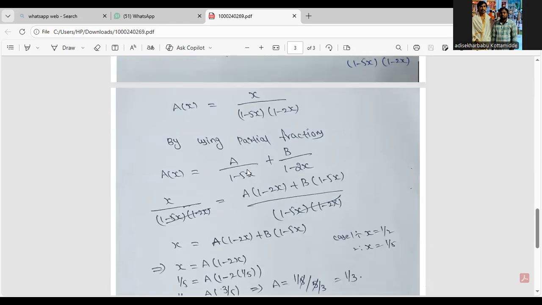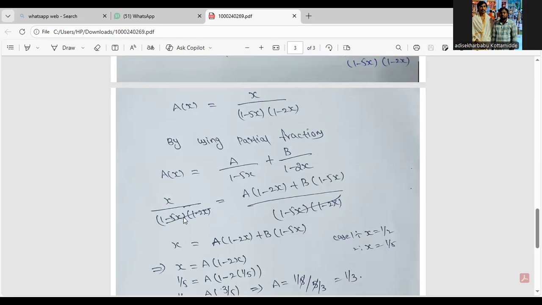In generating functions, by using partial fractions, we solve for the main solution. By using partial fractions, A(x) = A/(1 - 5x) + B/(1 - 2x).